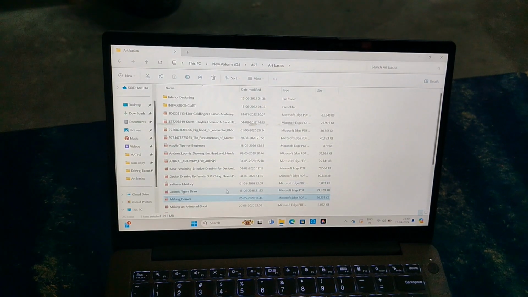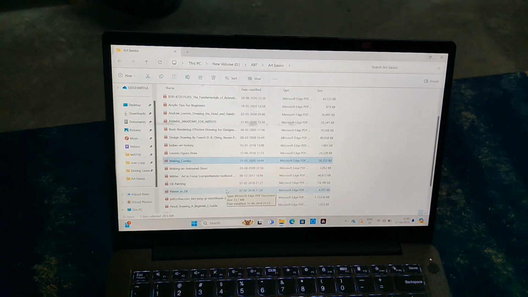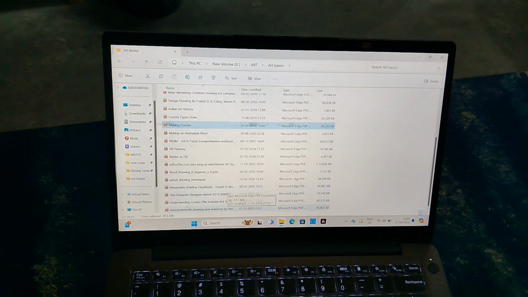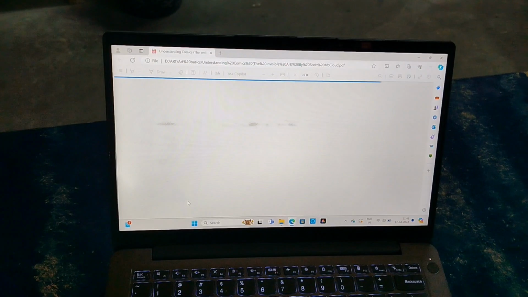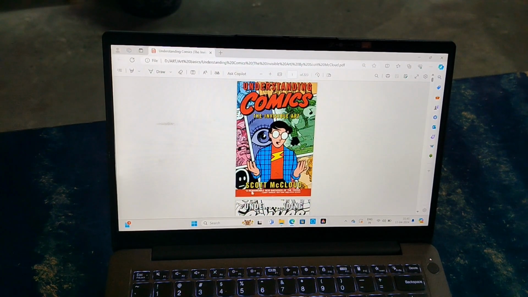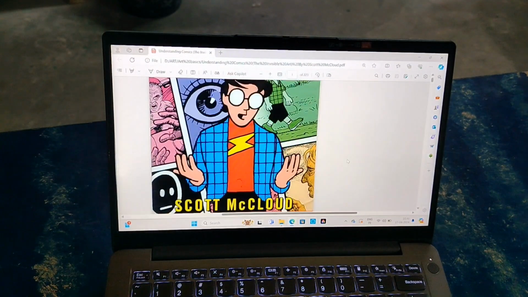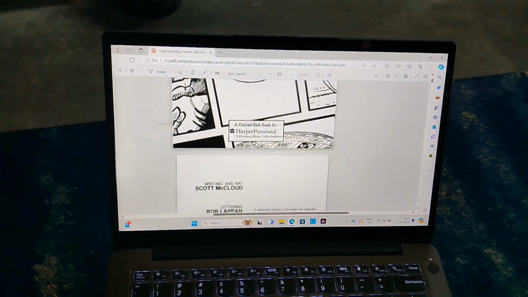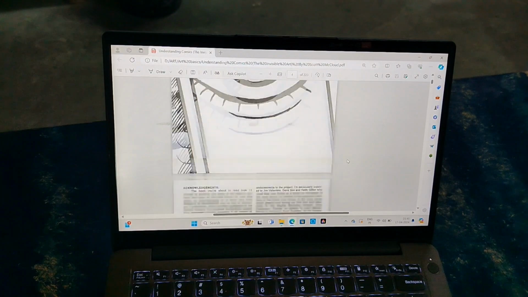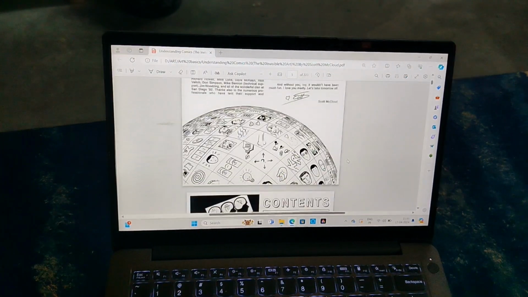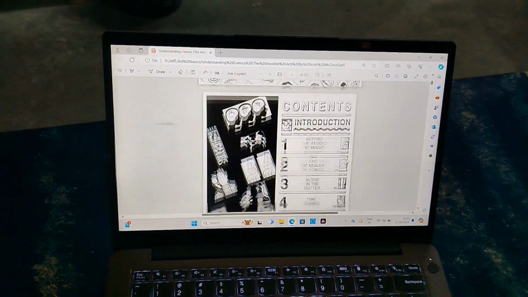What was the name of the comic book? I forgot it. Maybe it's not here. Oh yeah, Understanding Comics. So this is another book which was written by Scott McCloud, again in the form of comics. You see here, it's a brilliant idea. Someone could teach how to write comics through comics. Wow, what a brilliant thought process.